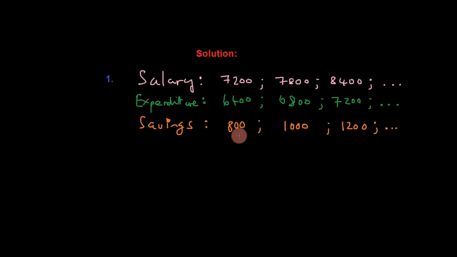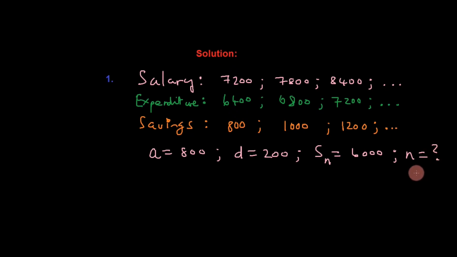So we have an arithmetic sequence here, and we have a, the first term, which is 800, d, the common difference, which is 200. We have S sub n is 6,000, and we need to find n, the number of terms or the number of years. We're going to use a sum formula.